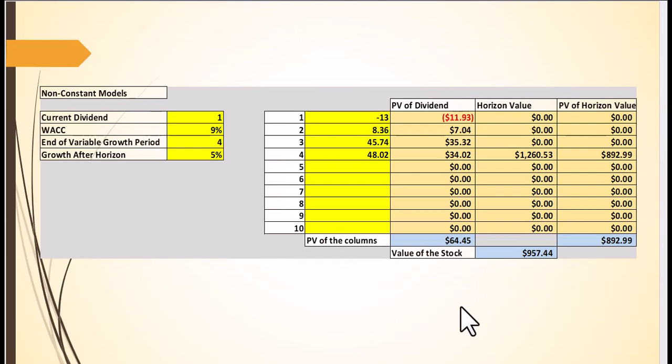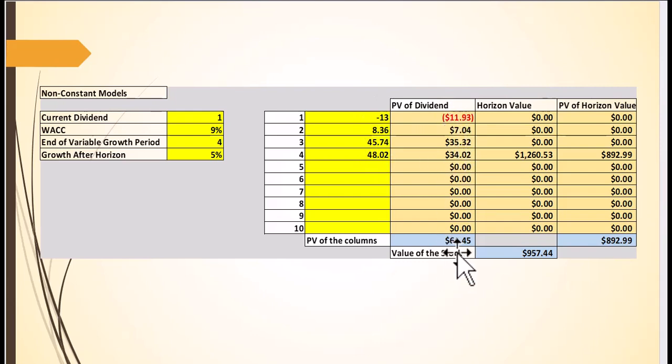Let's look at the worksheet and see how that can provide us with this information. Again, we need to know something about the weighted average cost of capital, and what is the end of the variable growth rate. Again, we have 4 years. Growth rate after that is 5%. Here are our free cash flows that we expect in the future. Present values.